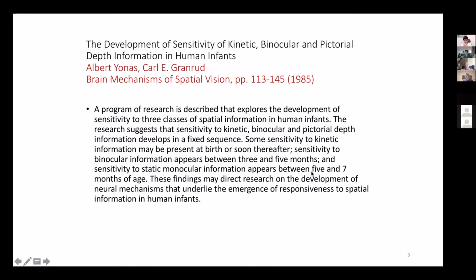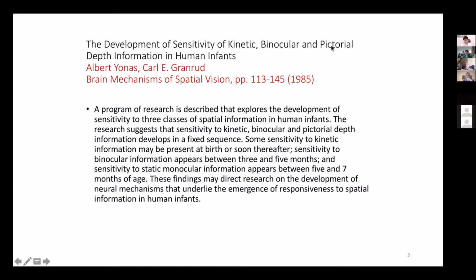These findings may direct research on the development of neural mechanisms. But these findings may also direct research on some of our computer vision ideas, and computer vision combined with machine learning ideas. So the pictorial depth part, which is where you can see depth in a single image, requires some supervision. Currently, a lot of the research in the computer vision community has been based on supervision from ShapeNet and so forth, and now there are better data sets available, but ShapeNet played a pioneering role.